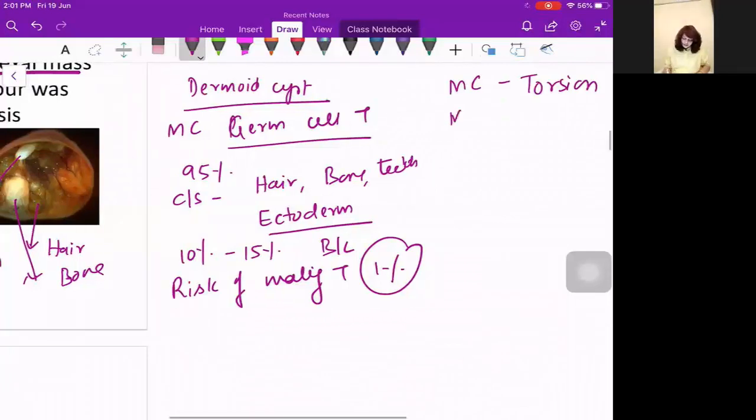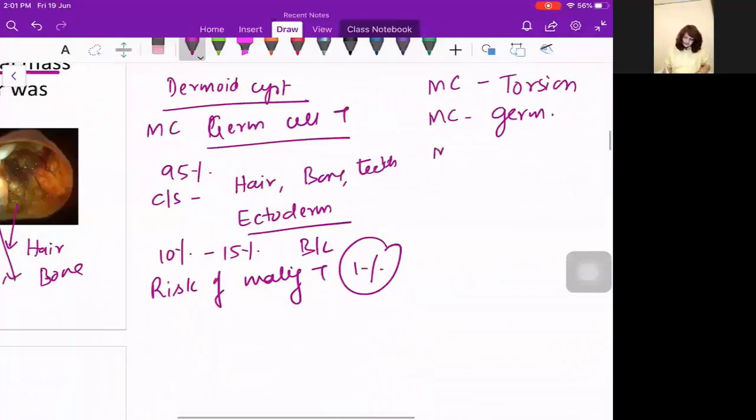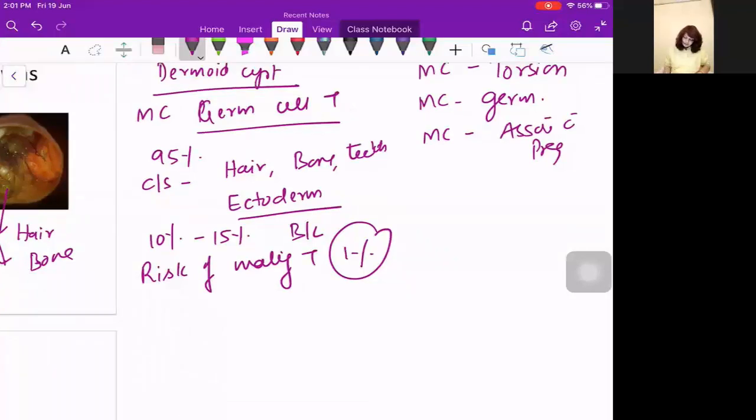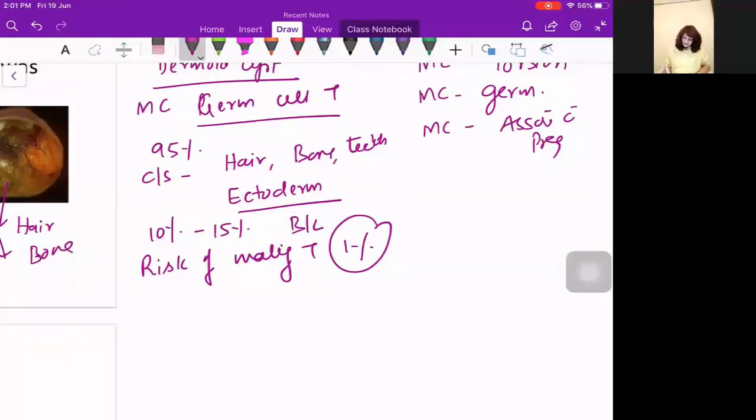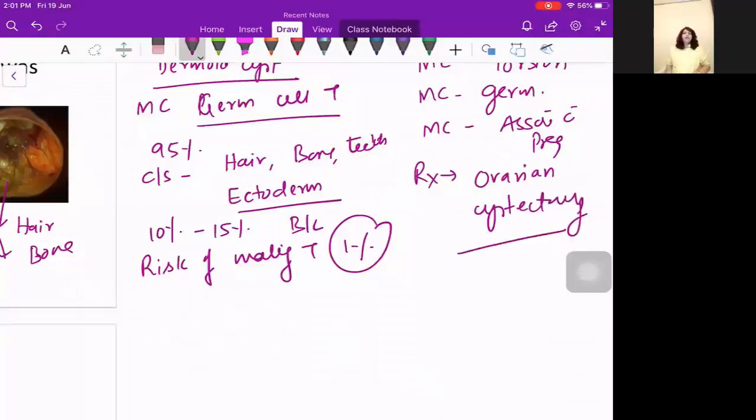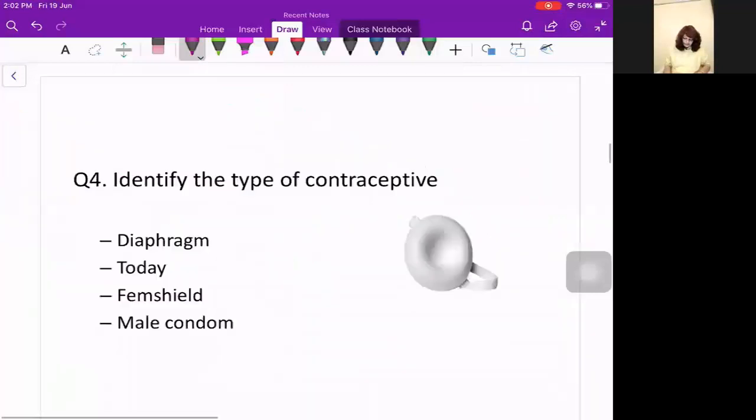This is the most common germ cell tumor of the ovary. This is the most common ovarian tumor which is associated with pregnancy. Fine. So treatment for dermoid cyst is ovarian cystectomy. Now let's move on to the other part.